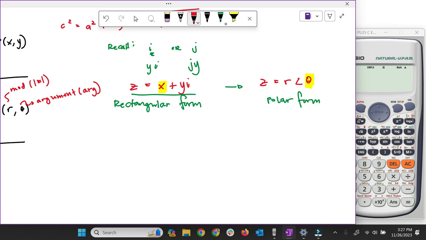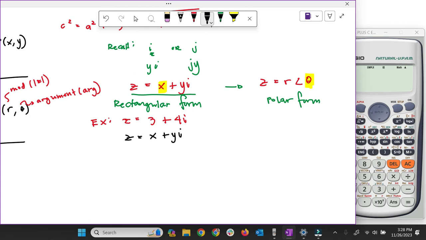So anyway, if gagamit ka ng manual solving to convert the rectangular complex number to its polar counterpart, you use the formula. For example, let's have z is equal to 3 plus 4i. Diba this one follows x plus yi.